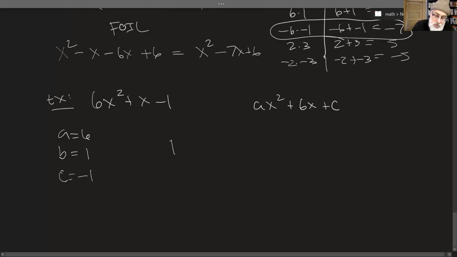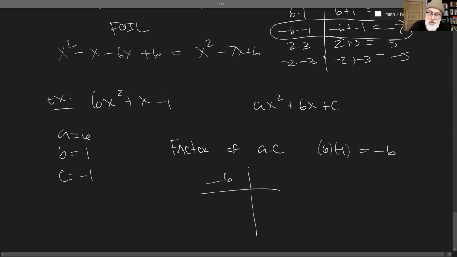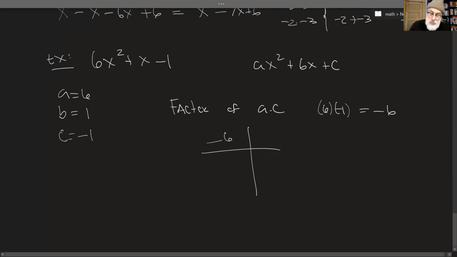So what we want to do first in this case is find factors of AC. So AC is 6 times -1, so -6. So we want factors of -6. 2 and -3, -2 and 3, 1 and -6, and -1 and 6.